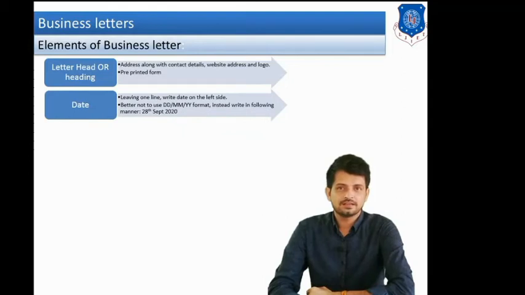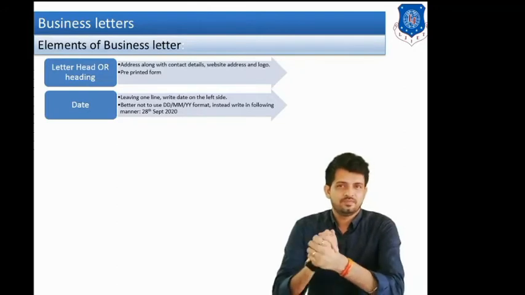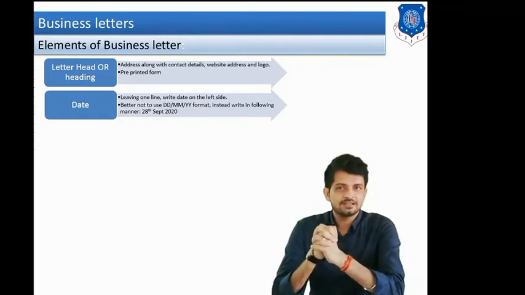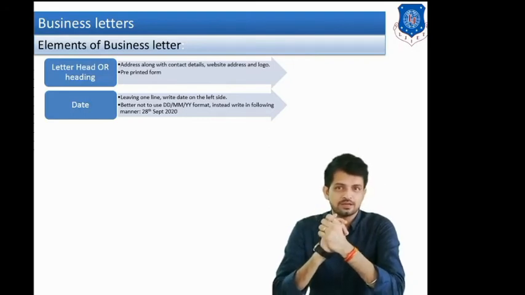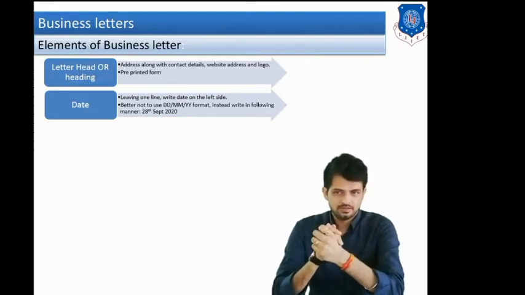Then comes the date. After leaving one space, you have to write the date. See, instead of writing the date in day, month and year numeric format, it is better to write the date in the form of words.